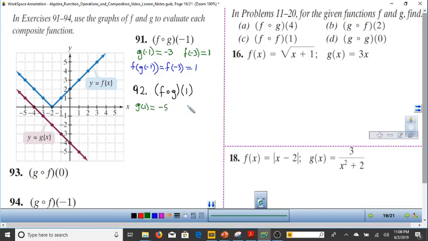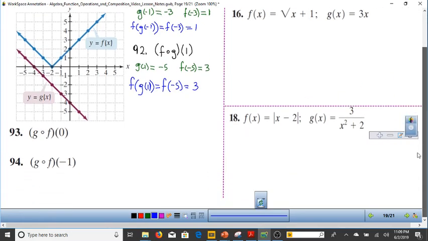And then f of -5, sorry, the output of g becomes the input of f. f of -5 is 3. So the result will be 3. So f of g of 1 means figure out g of 1, which is -5, and then plug that into f, and we get 3. Piece of cake.